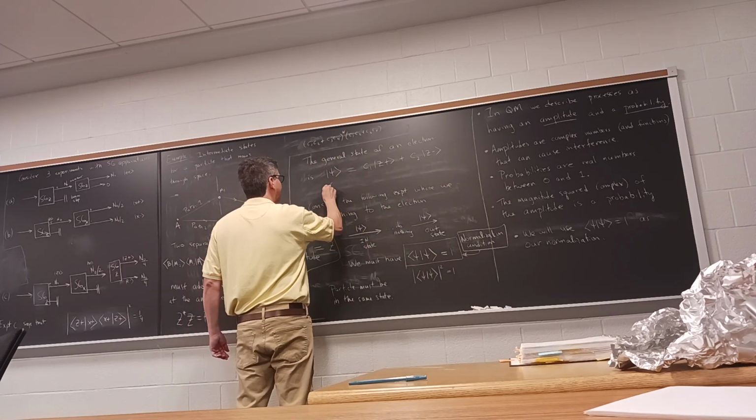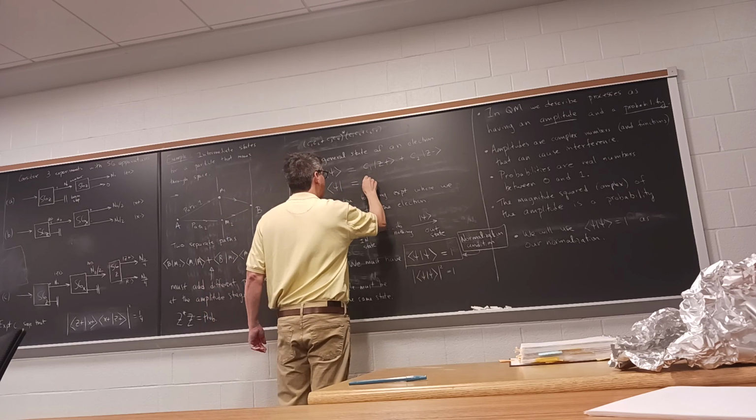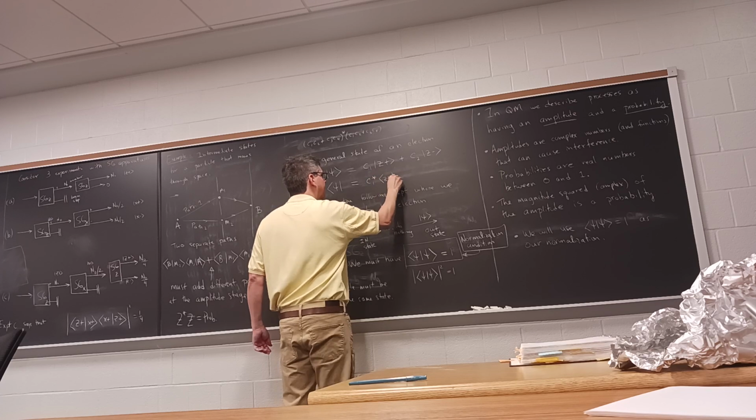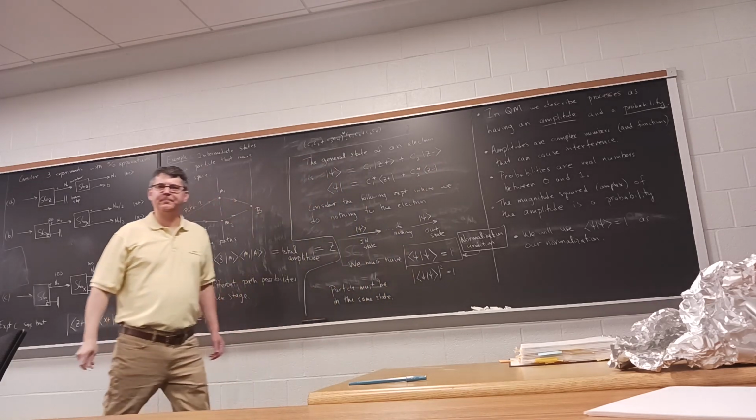If I wanted to turn this around and make it a bra vector, then this would be C1 star Z plus, C2 star Z minus, yeah.